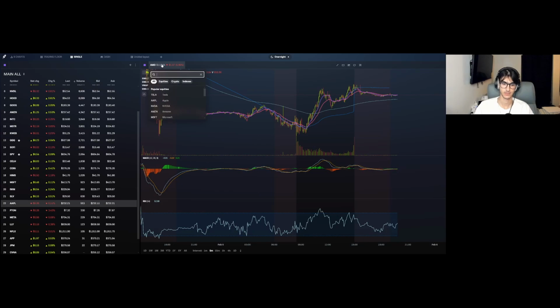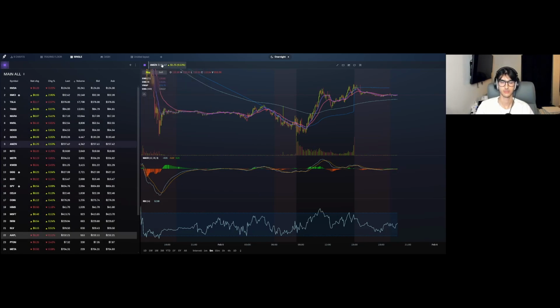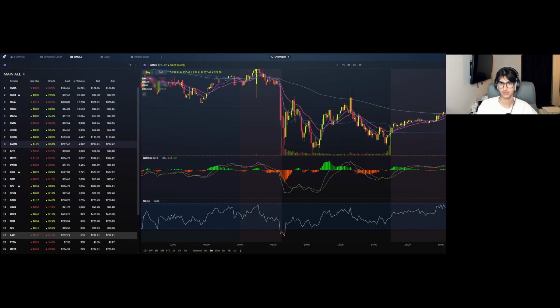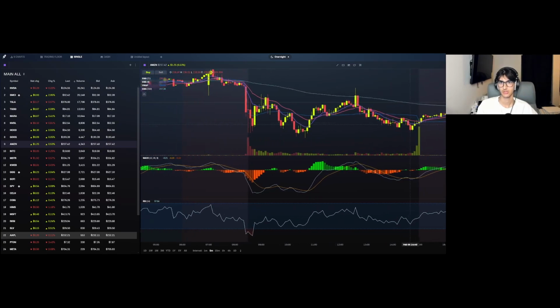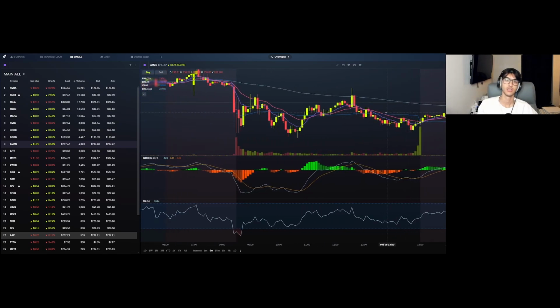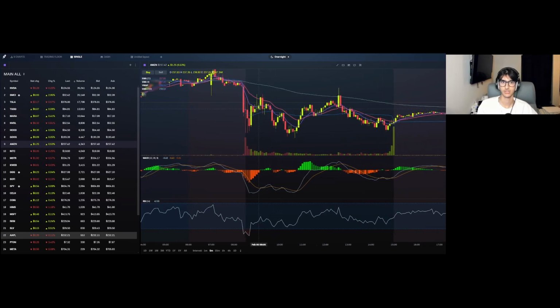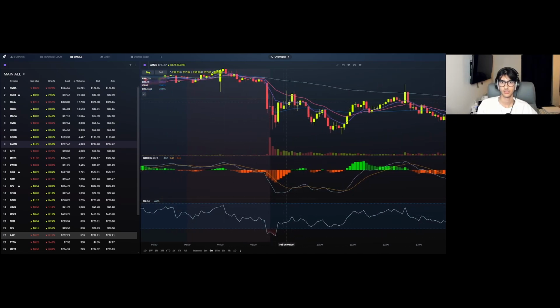Amazon. Amazon looks okay. So what have I said? EMA above VWAP, bearish. We try to flip. Rejected.